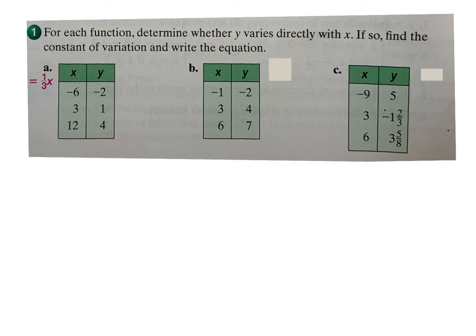So the way they write it here, by the way, if you have figured out that it directly varies and they want the equation, which is what this is actually asking for right here, you literally just rewrite that with your constant of variation. So the equation for that would look like this. So once you find your constant of variation, if they want the equation, then you just fill the k in, because that's what you have found. All right, just fill in the k.